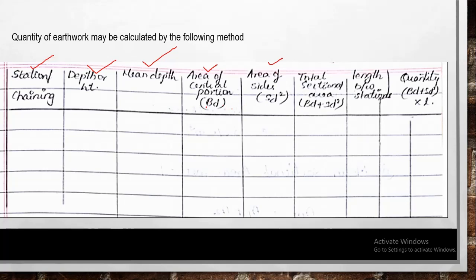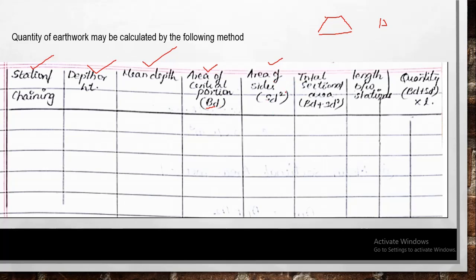The area of the central portion is B into D. This is based on the trapezium shape. You remember A is equal to BD plus SD square, so the central portion is BD and the area of sides is SD square.